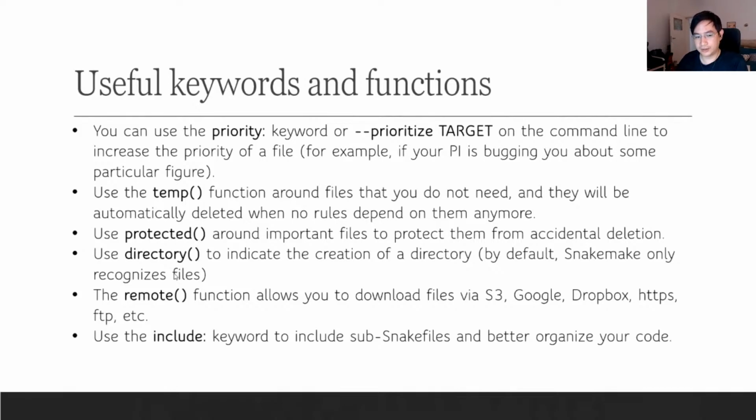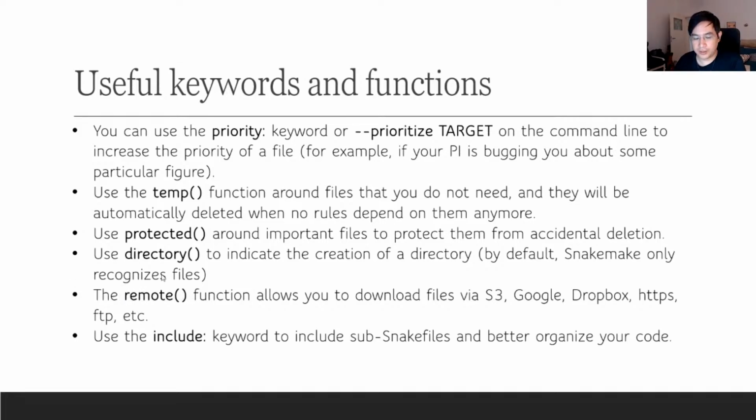It will be write-protected when it's created. You can use the directory keyword to create directories, so you can't do this by default. By default, Snakemake only recognizes files, just like Make. But this is useful, for example, if FastQC is creating a whole directory worth of information, then you can use directory to say, okay, this directory will be created as output rather than a particular file.